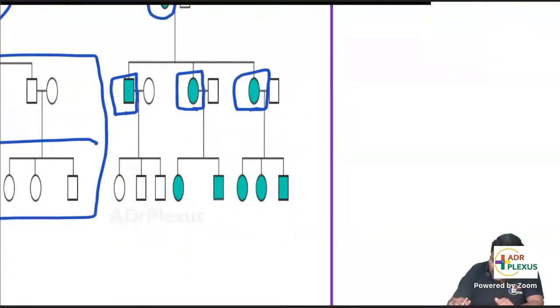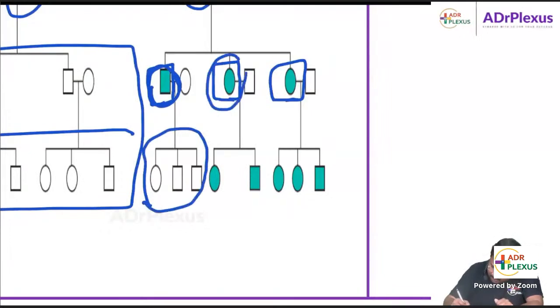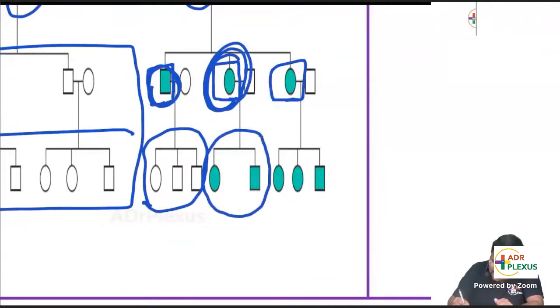You can also see here that the father is affected and all the children are normal, but the affected mother is transmitting the disease to both the children.